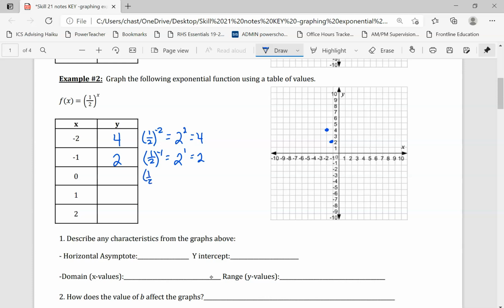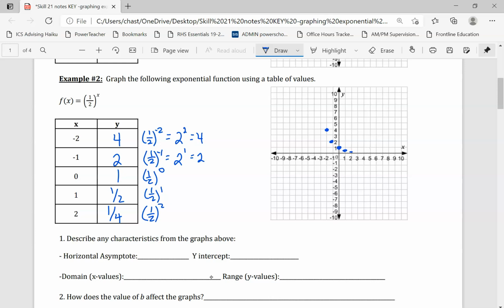We know that 1/2 to the 0 will be 1. If I plug in 1, 1/2 to the first is just 1/2, so 1 comma 1/2. And if I plug in 2, 1/2 squared, that just means 1/2 times 1/2, which is 1/4.